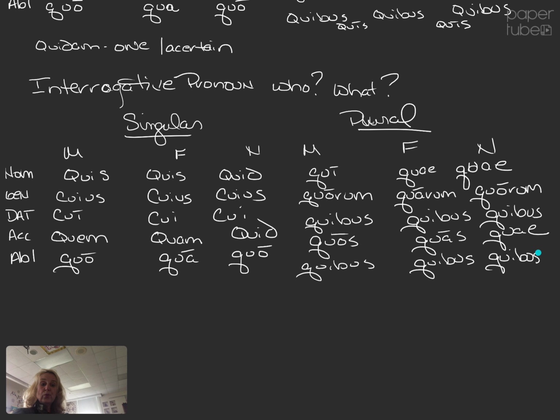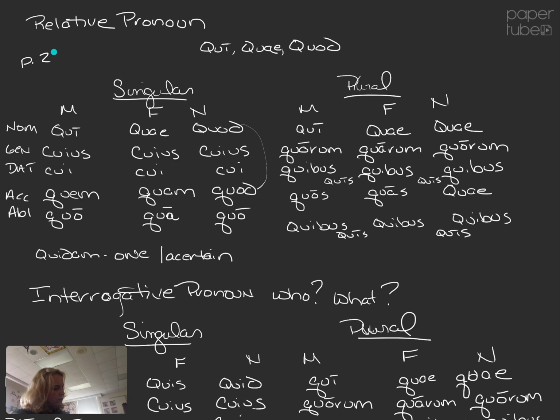Quis, quid, who, what. I think that brings us to the end. For reference, I meant to mention that qui, quae, quod is on page 21 of the Cambridge Student's Latin Grammar, and there are examples on page 22.